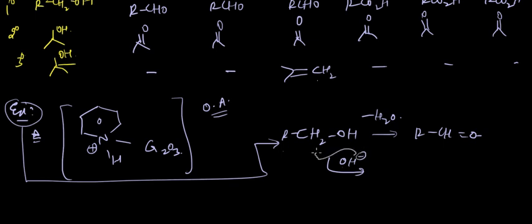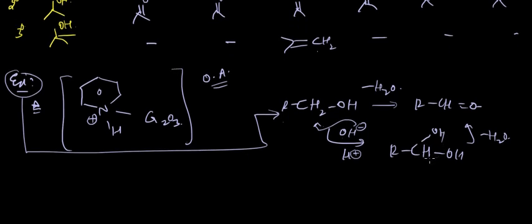It will attack on this carbon atom, H plus would be released in this step, and we'll be getting something like this. On dehydration it takes the form of an aldehyde.